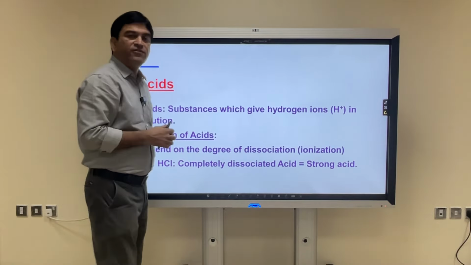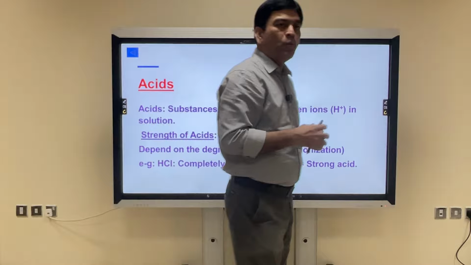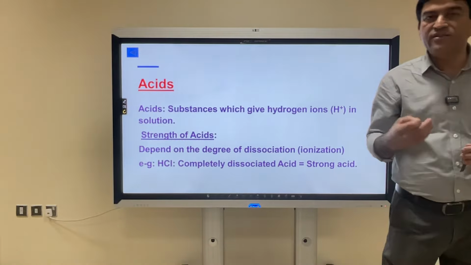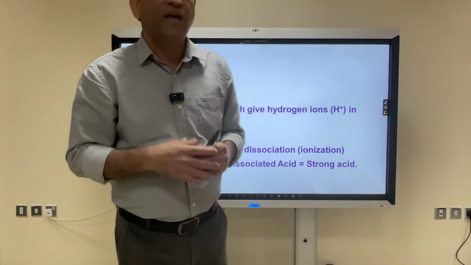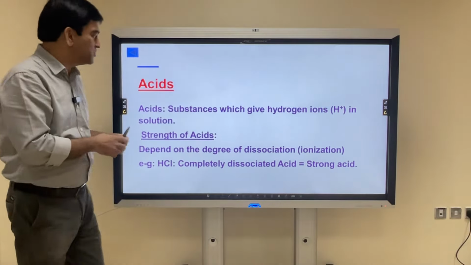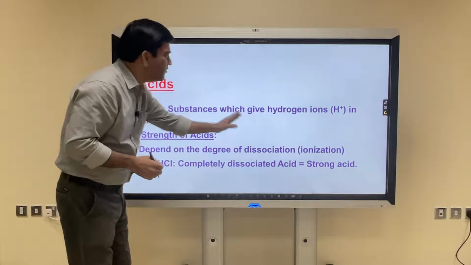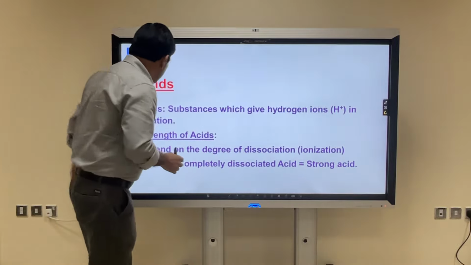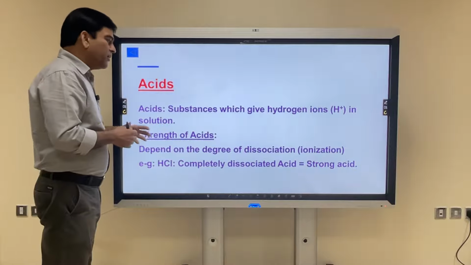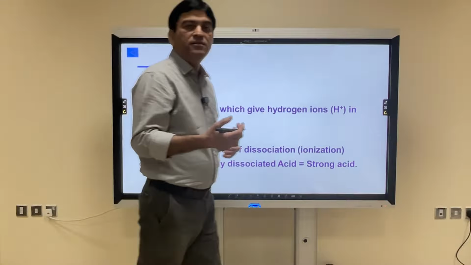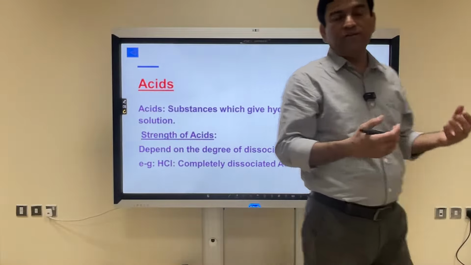Now what are acids? Acids are substances that give you H plus ion, or hydronium ion, in solution. Now you can have a strong acid or a weak acid.